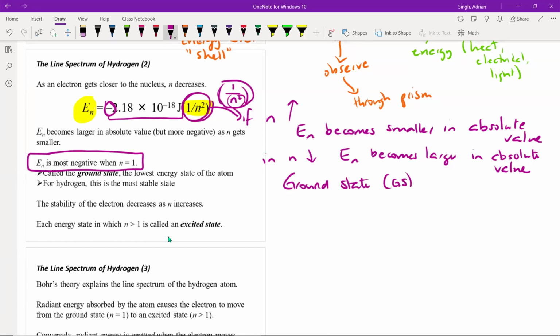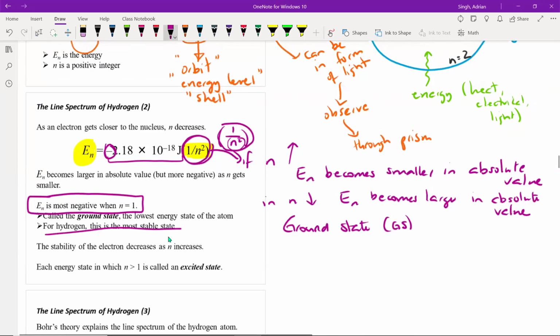Lowest energy state, lowest energy level state for the atom. And for hydrogen, that's the most stable, right? That's when the electron is as close to the nucleus as it can be. That n equals 1. Or shell or energy level.